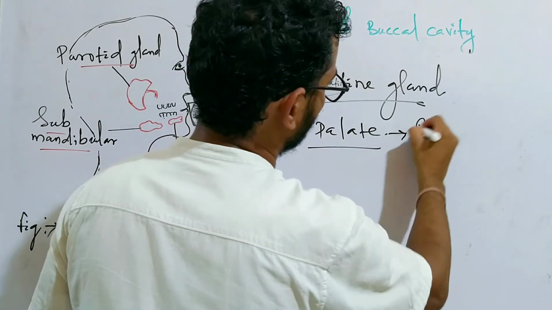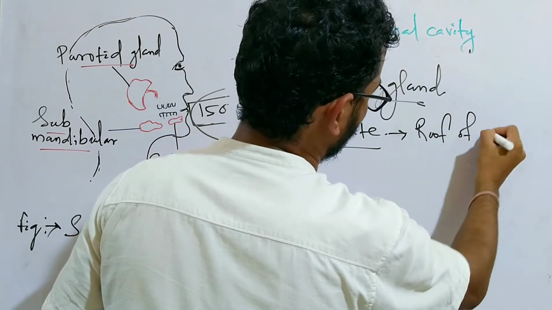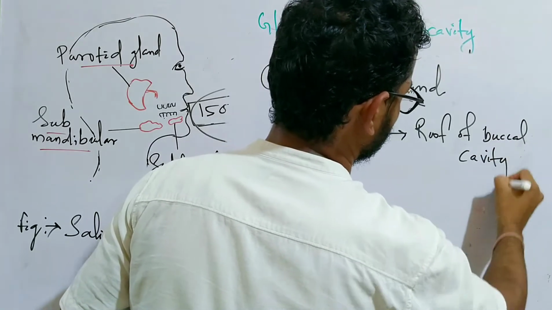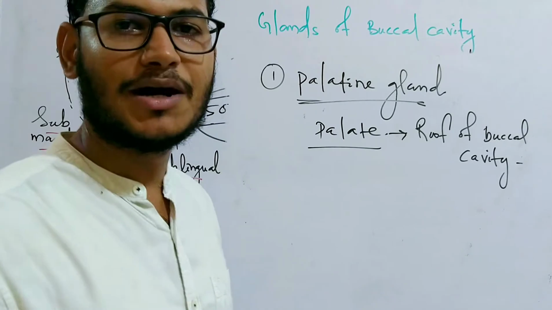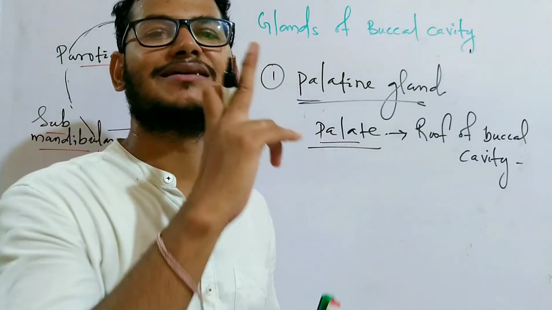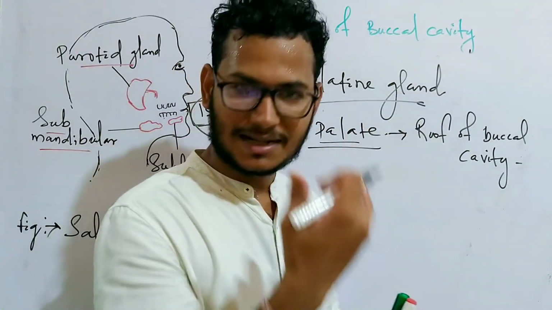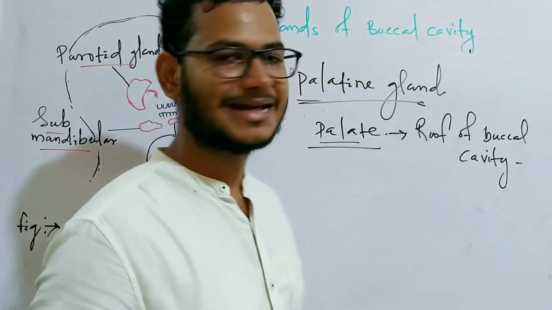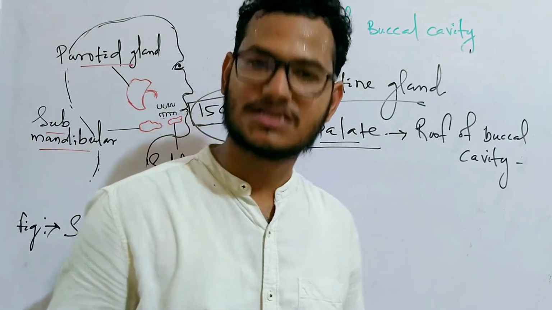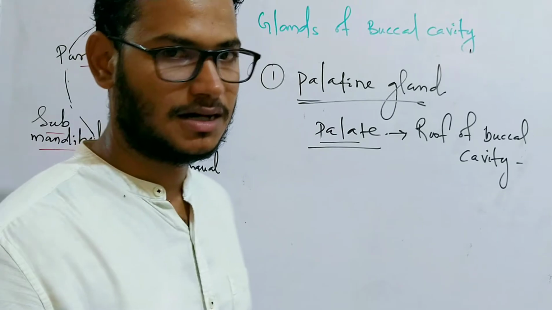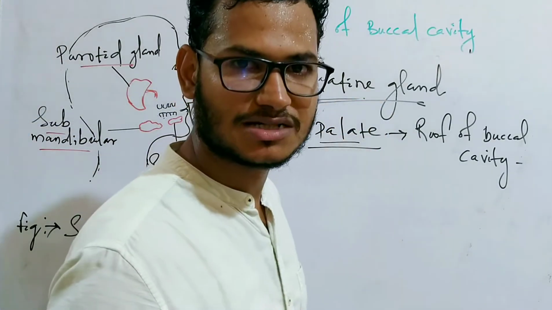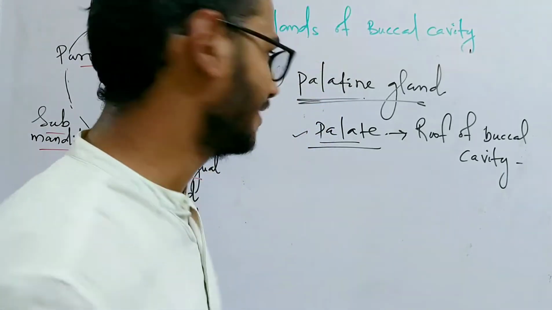This is the roof of the buccal cavity. We discussed it while talking about the structure of the buccal cavity. The palate makes the roof of the buccal cavity, and it is divided into two parts, the posterior soft palate and the anterior hard palate. So the palatine gland is present in the palate, which secretes mucus, which lubricates our buccal cavity.